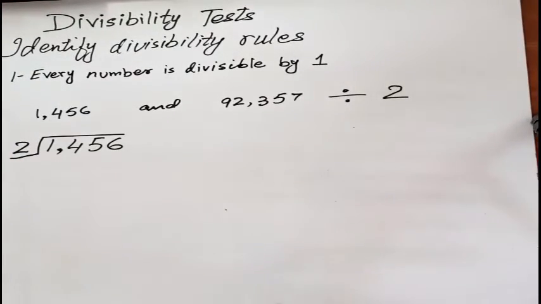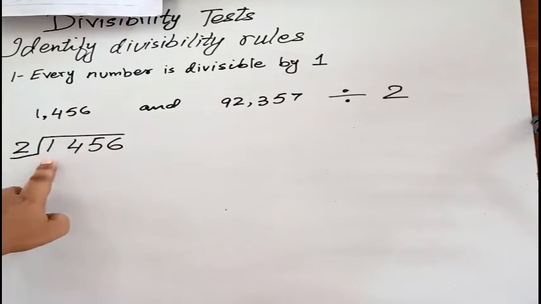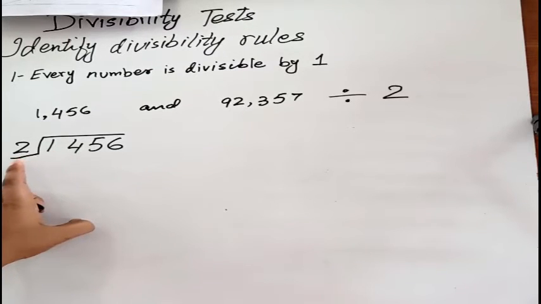You know, students, how we divide the numbers. First of all, we will see this first number, that is 1. Is this first number less than 2 or greater than 2? We can see that 1 is less than 2, that means it will not divide in the table of 2.